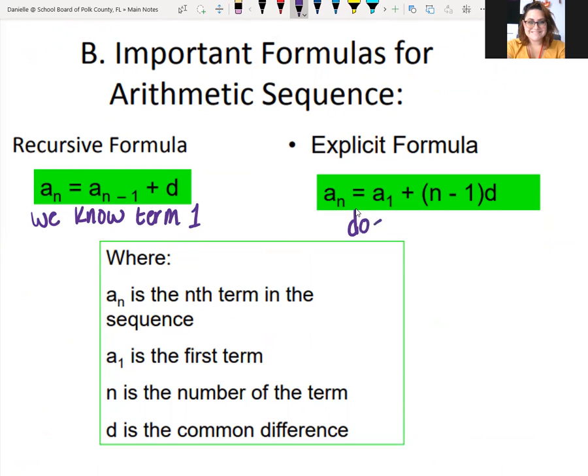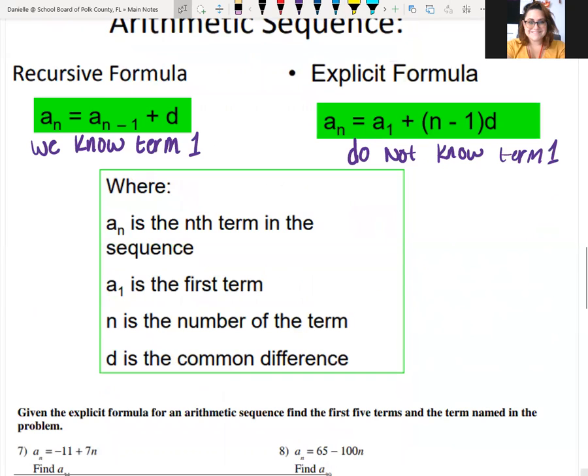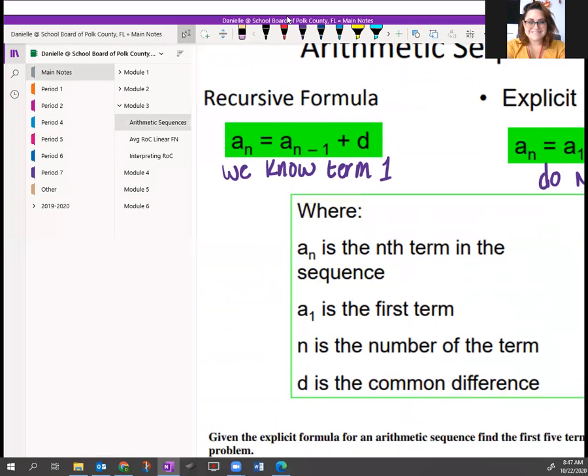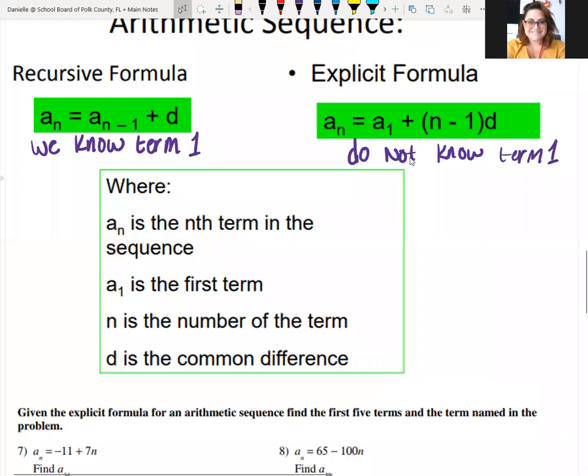And explicit means we do not know term one. Did I do that backwards? I did. I wrote that a little wrong. So let's change these.